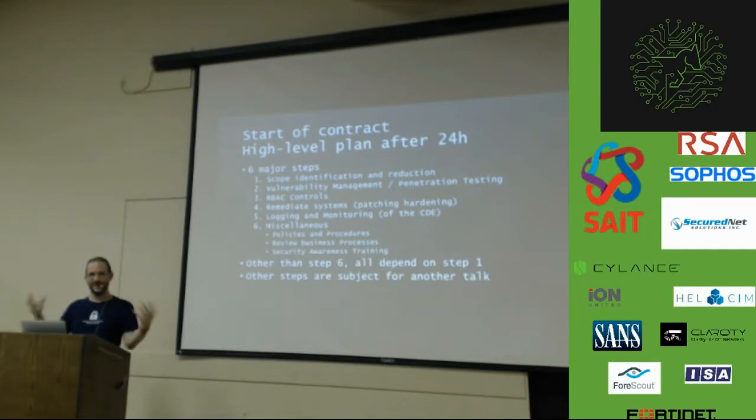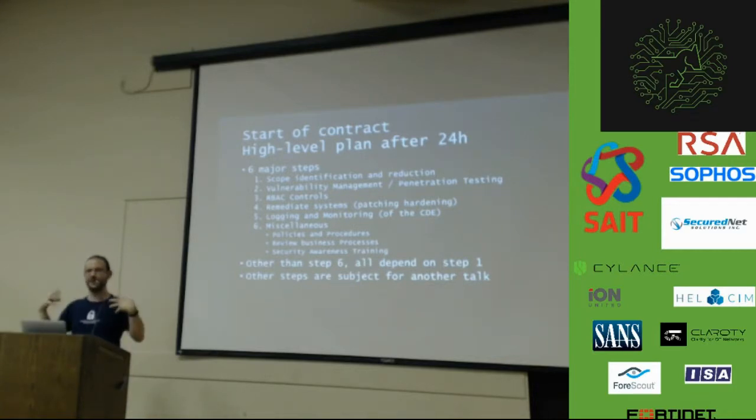So I get in, start working, late March, and after 24 hours, I come up with a plan that really has 6 major steps. First, we need to identify scope and reduce it. Then we'll have to fix and do vulnerability management and all the penetration testing work. We'll have to apply all the access controls. We'll have to remediate the systems, all the patching and hardening. That's a lot of work.